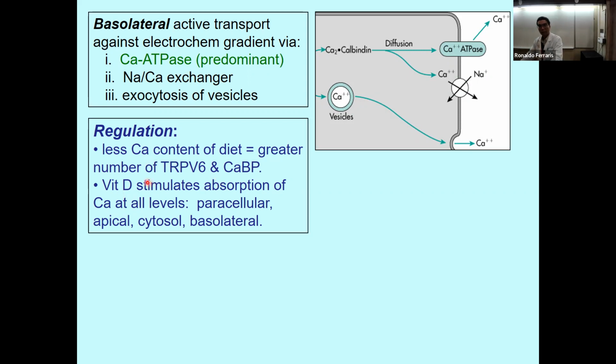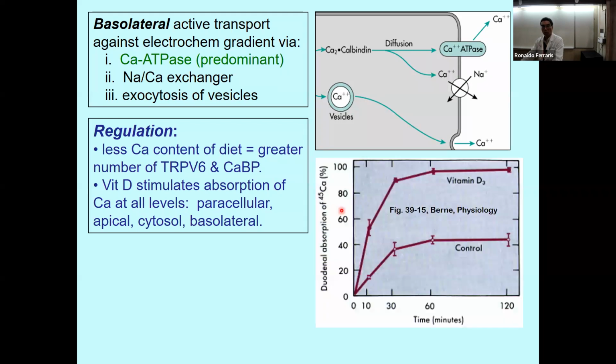Vitamin D is an excellent regulator of calcium absorption. This y-axis here is duodenal absorption of calcium, and the x-axis is time. This is in control humans absorbing calcium; this is the rate of calcium absorption.